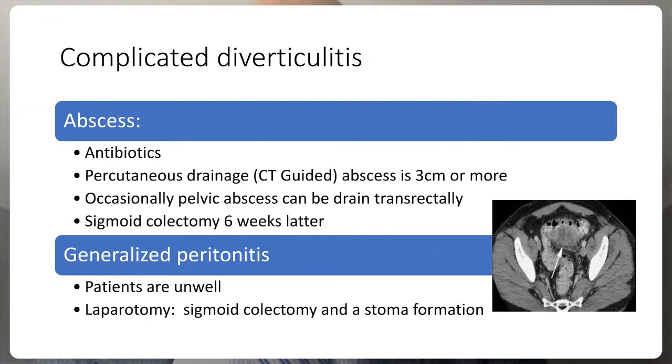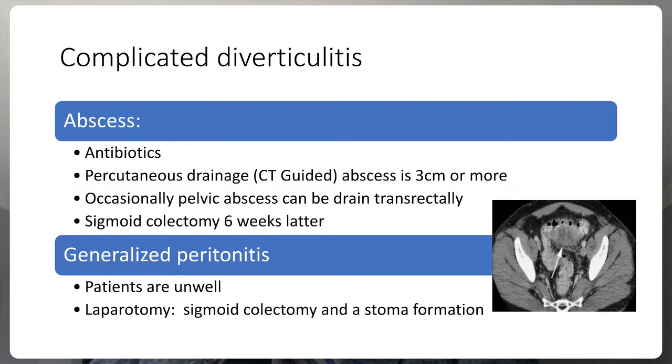Now, any patient who gets complicated diverticulitis, particularly if they had an abscess formation, we often advise them to have surgery, because they could develop recurrent severe attacks of diverticulitis.